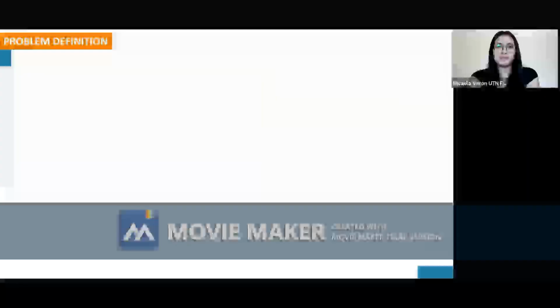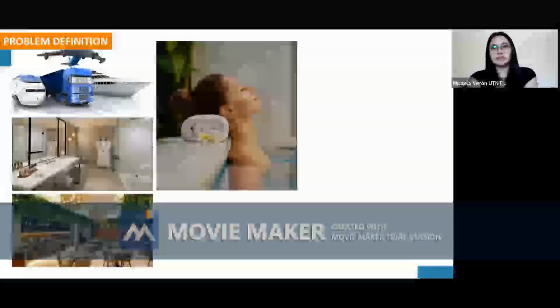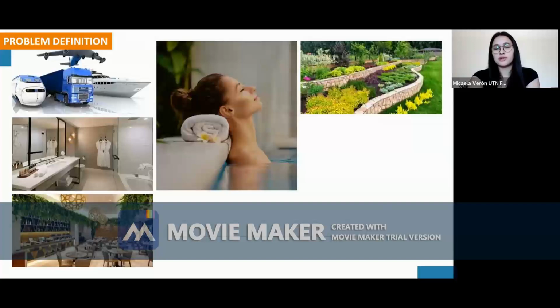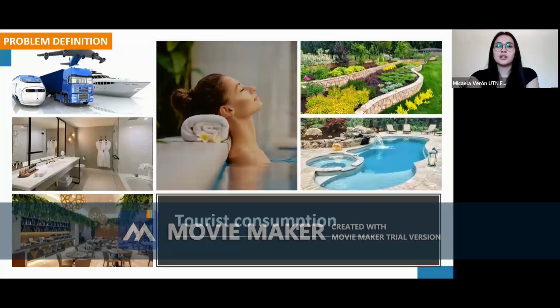Well, as my partner says, the tourist industry is dependent on freshwater resources, and this represents a problem because the consumption of water ranges between 80 and 2,000 liters per tourist per day.